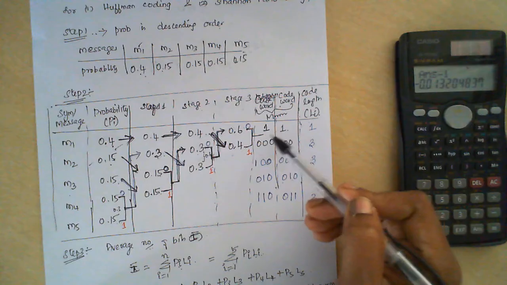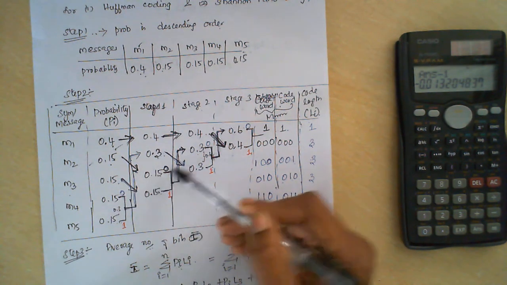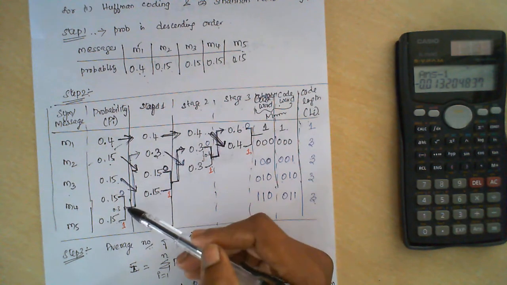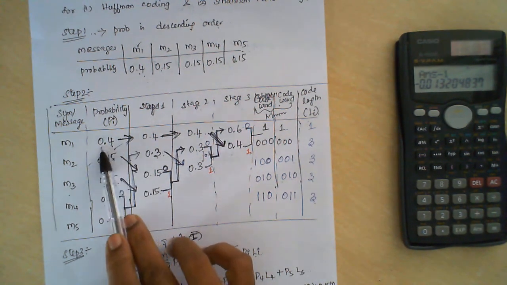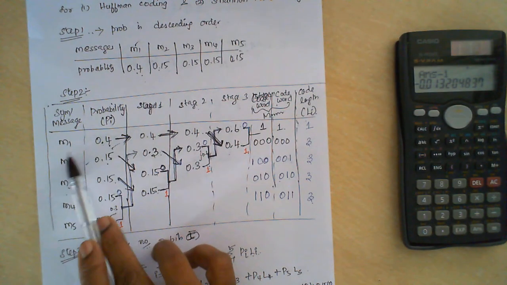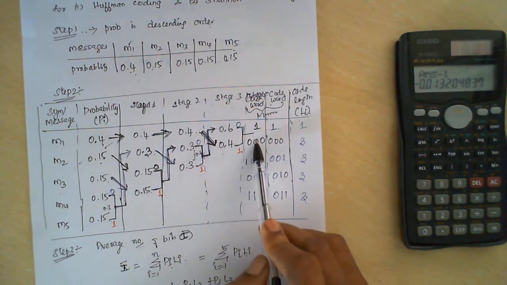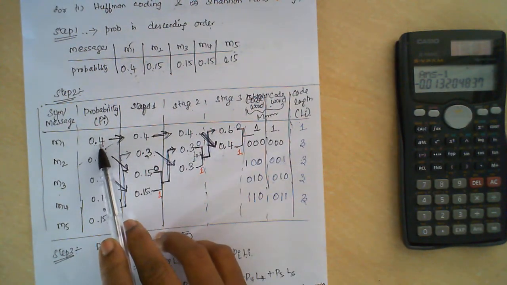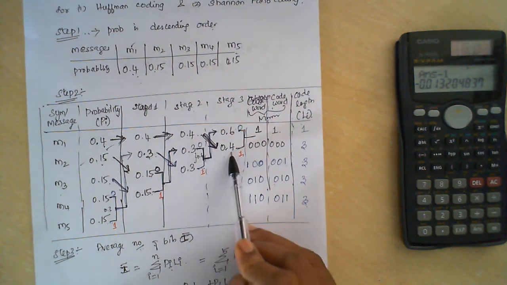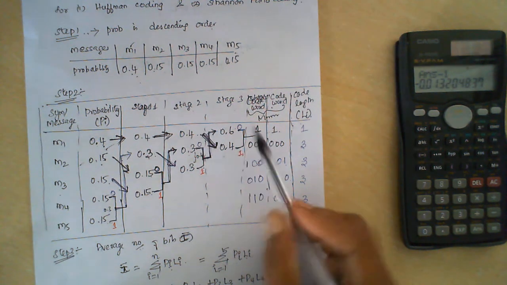So in this way you proceed till this stage, and always assign 0 for the top level and 1 for the bottom level bits. So for tracking, you should track from this side, that is 0.4. First we need to find out the code length for 0.4. So 0.4 goes in this direction, so it has only one shift, towards down, and the down value is 1.